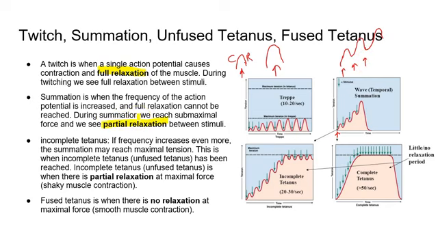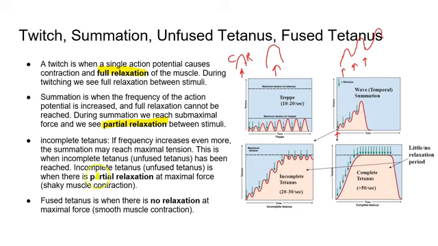Then for incomplete tetanus, when the frequency of action potentials or stimuli increases even more, the summation reaches the maximal tension. So it's called incomplete tetanus, but as you can see, we still do not see full relaxation or no relaxation.